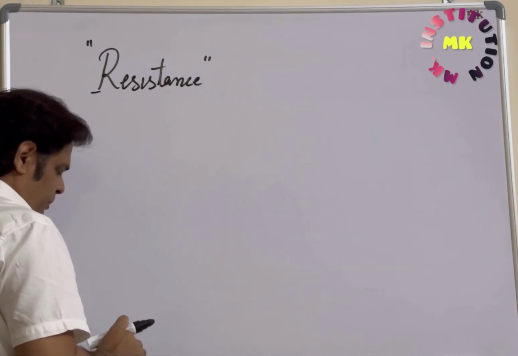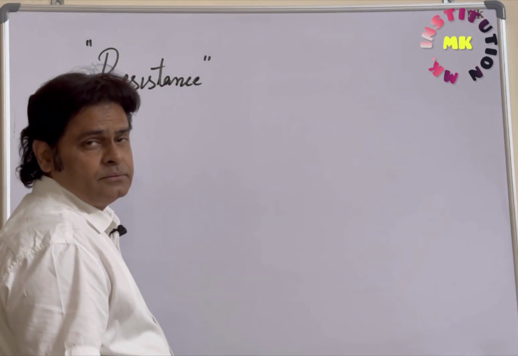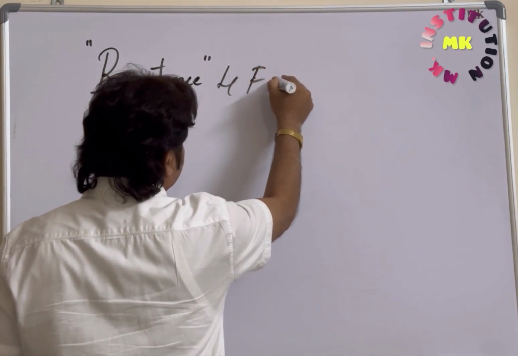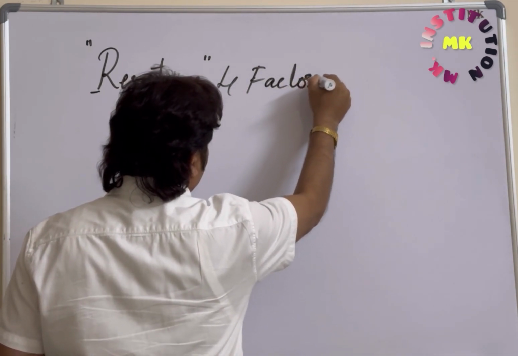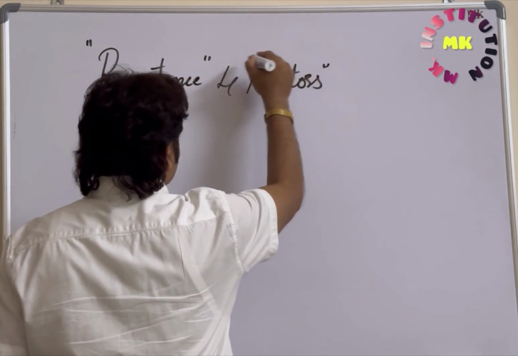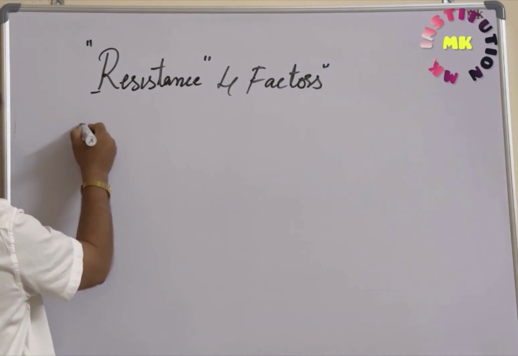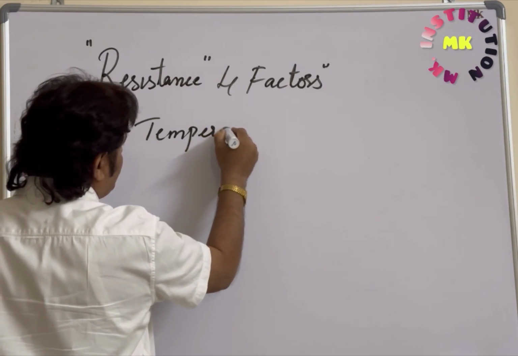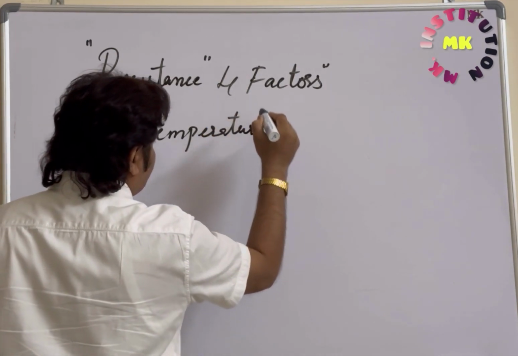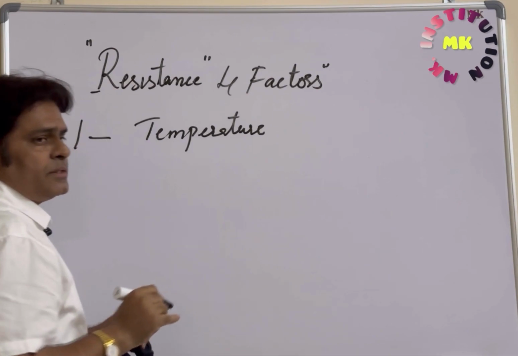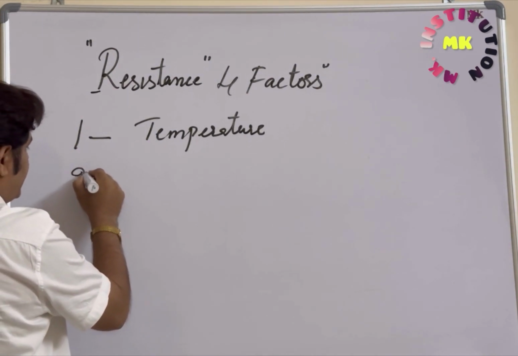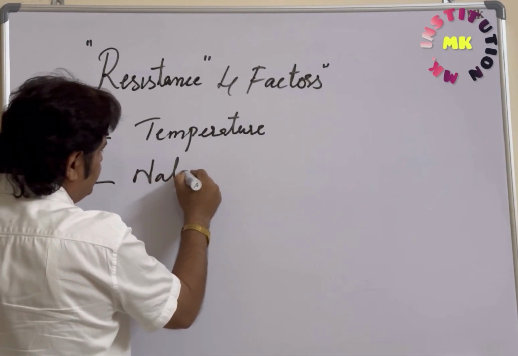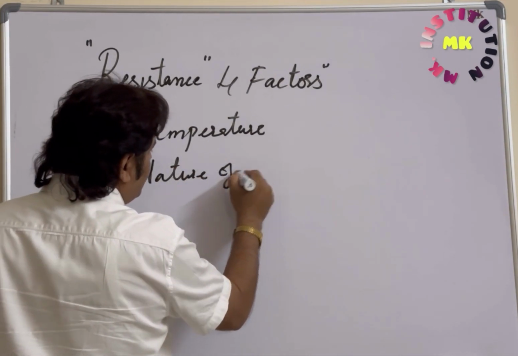So mainly four factors are there. How many factors? Four factors. Resistance depends upon four factors. What are those four factors? First one, temperature. Then the second one, nature of material.